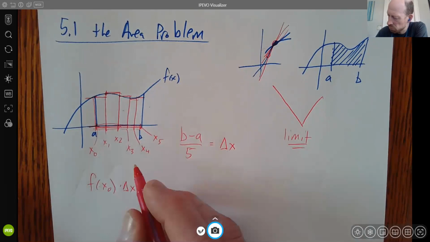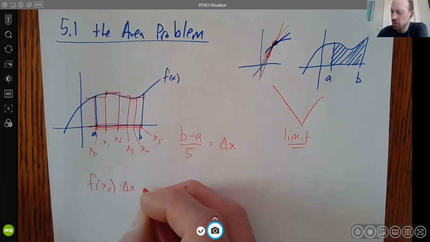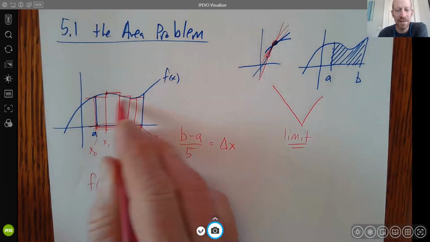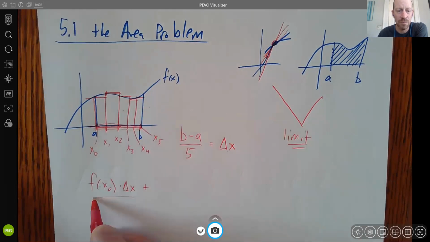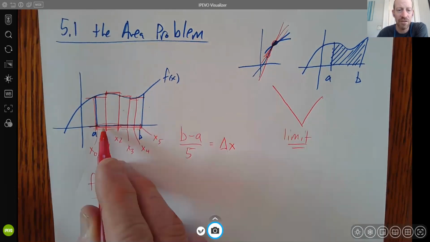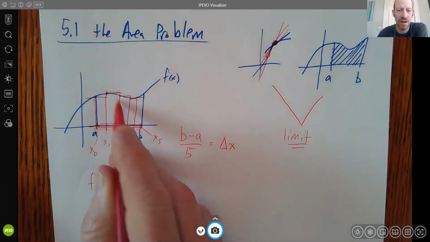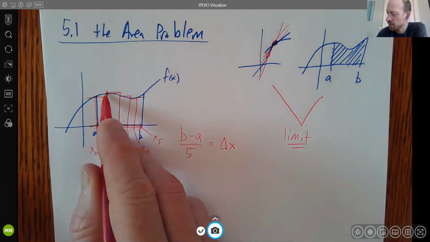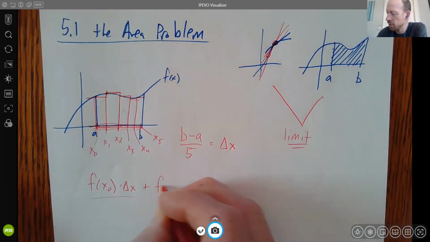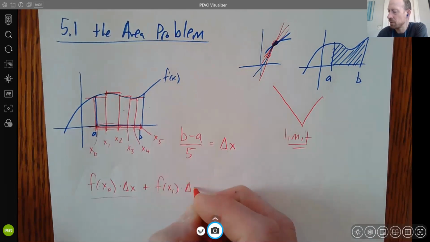So then I want this total area, so I'm going to add, this is the area of the first rectangle, and then I'm going to add the area of the second rectangle. So for the second rectangle, I'm choosing this value to create my height. So it's going to be f of x sub 1. The width is going to be the same.